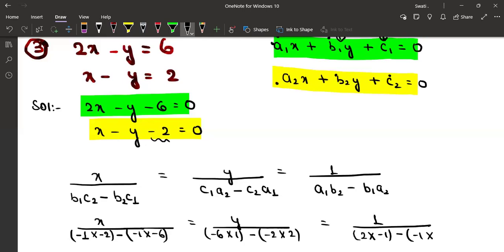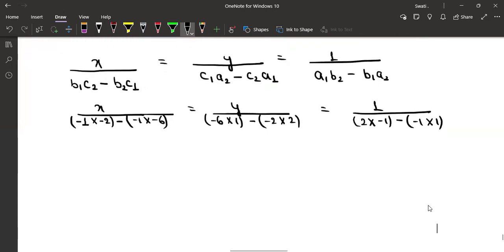Can you check again and tell me? No, 1. Very good. Now, Manya, we just have to simplify this, right? So tell me, x upon minus 2. -1 into -2, what will be the answer?